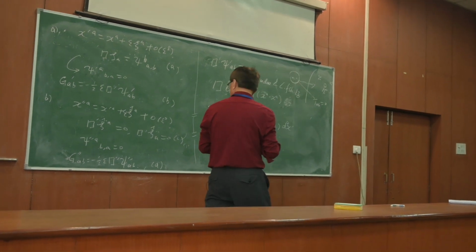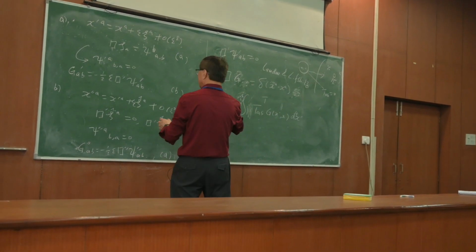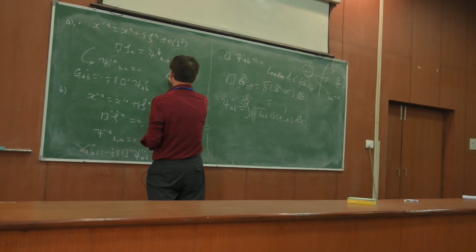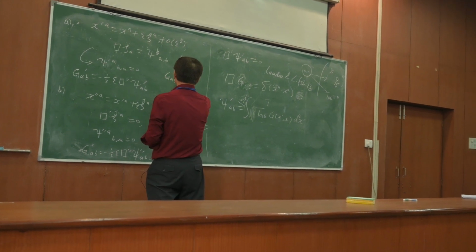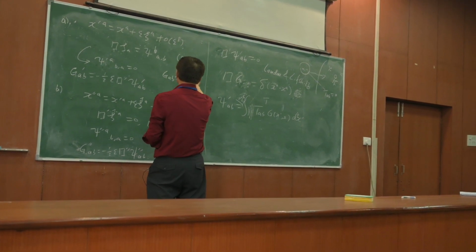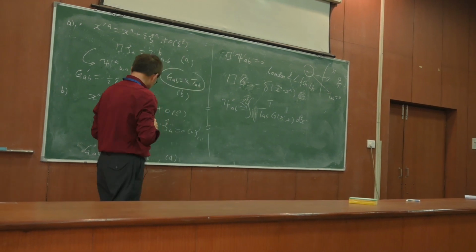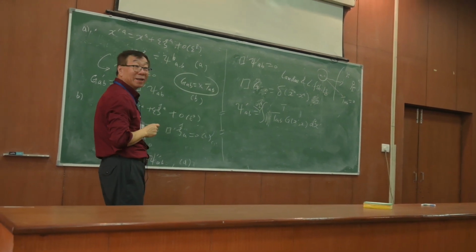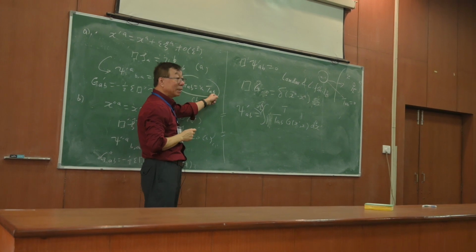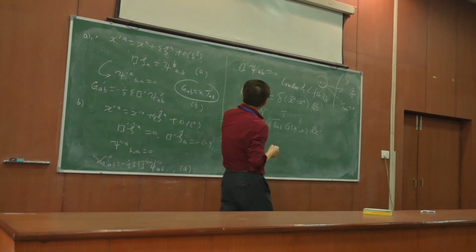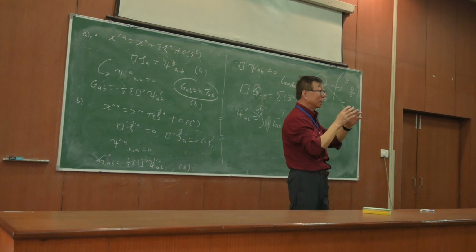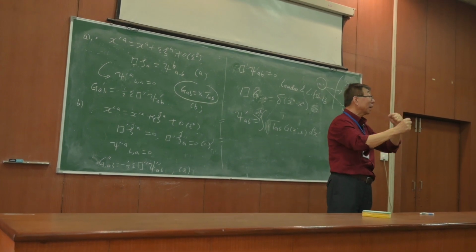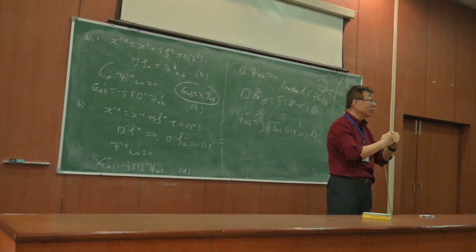In the Einstein field equation, we have Einstein equation equal to kappa TAB. Let's assume this is a gravitational wave produced by this TAB, which is two binary black holes producing gravitational waves.